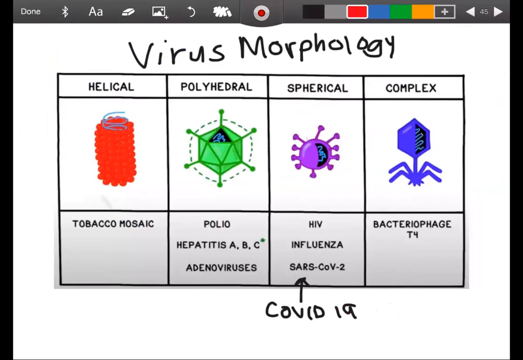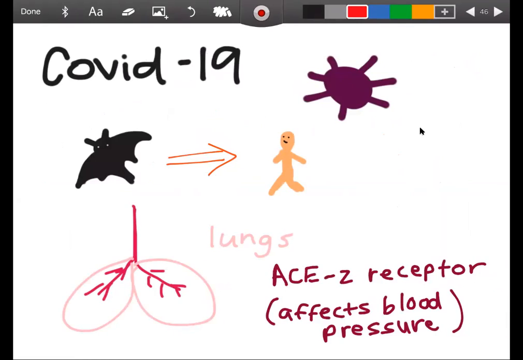And so, as we know, COVID-19 is really big right now. We are going through a pandemic. And so the COVID-19 virus is actually a spherical virus. And then briefly covering COVID-19, there will be a question about this on the exam.